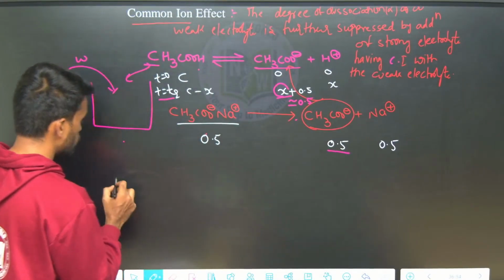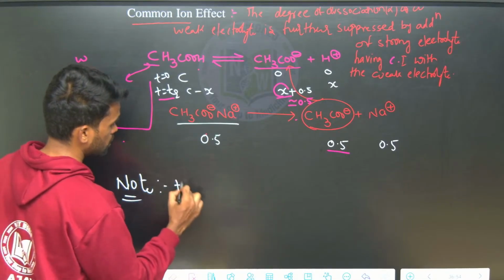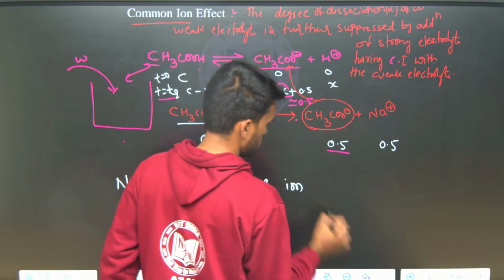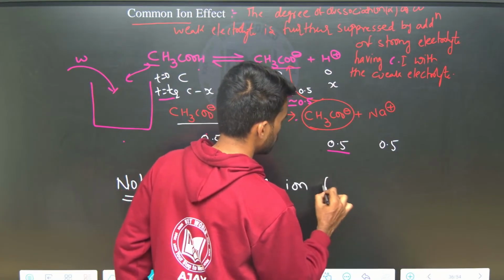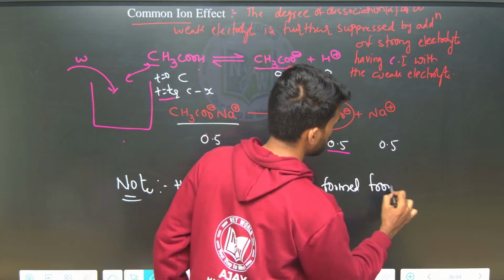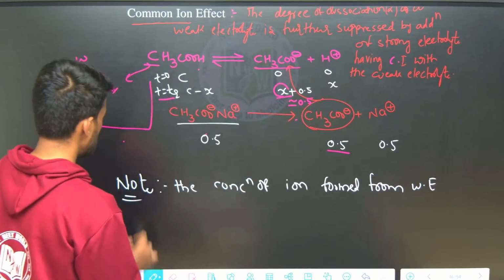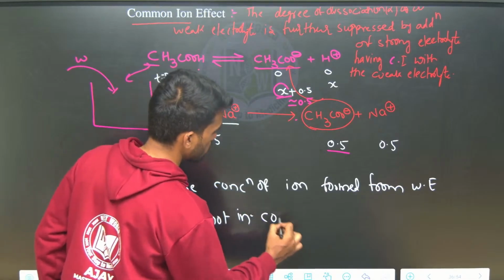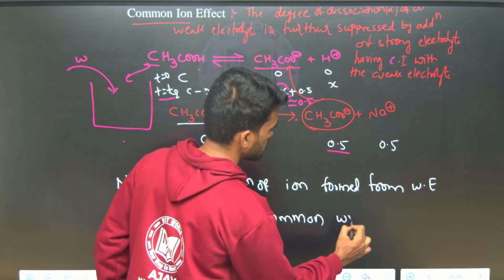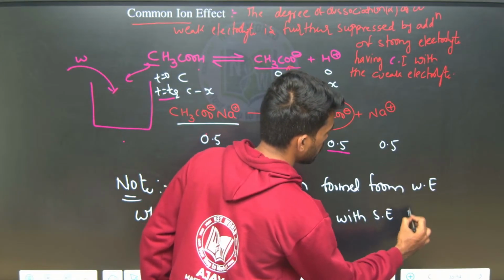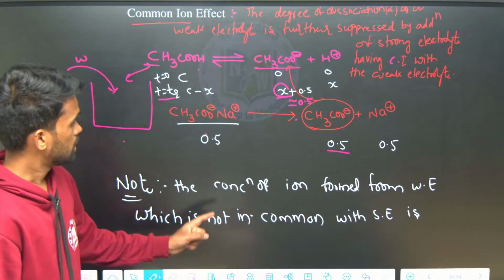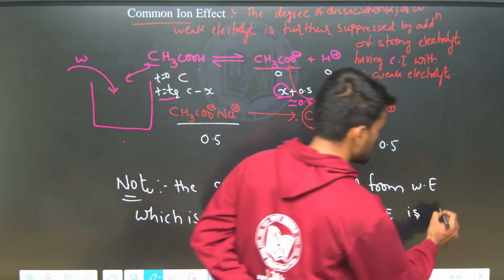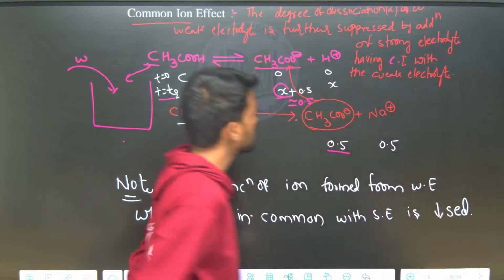So one more point you should know, write a note point. The concentration of ion formed from a weak electrolyte which is not in common with the strong electrolyte is decreased. What is it saying?